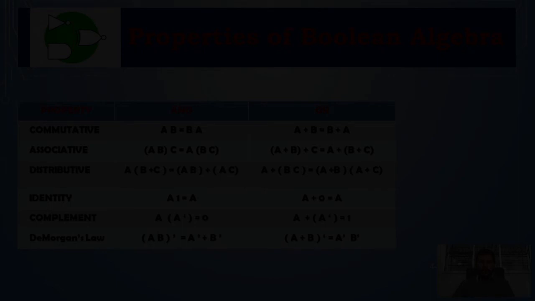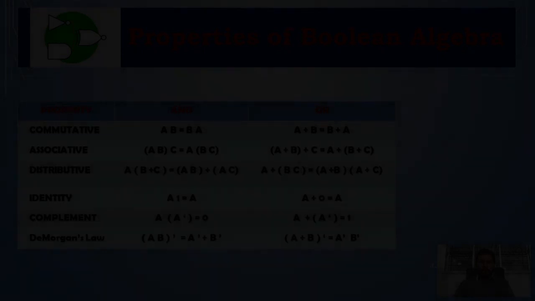The associative property states that in AND, (a dot b) dot c can be written as a dot (b dot c). Similarly, for the OR function, we can write (a plus b) plus c equals a plus (b plus c).